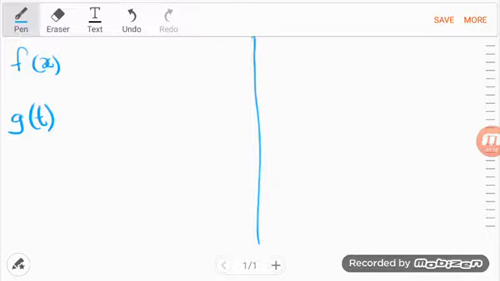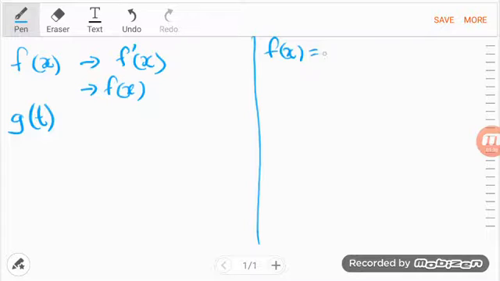Now, when we differentiate these, we just basically add a dash. So f of x becomes f dashed of x. Now, this is important not to just write it as f of x again, because if f of x is, for example, 3x squared, when we differentiate this, it would be 6x.